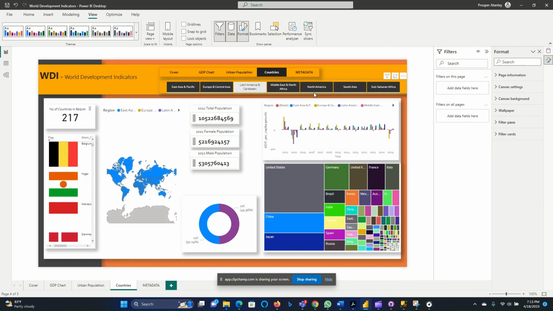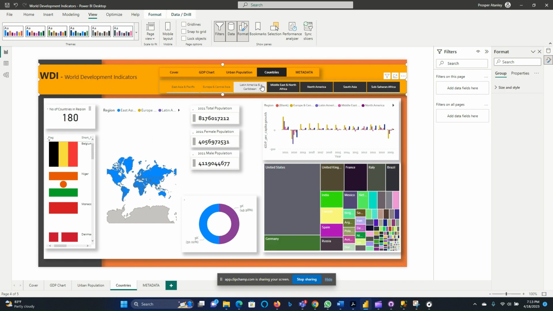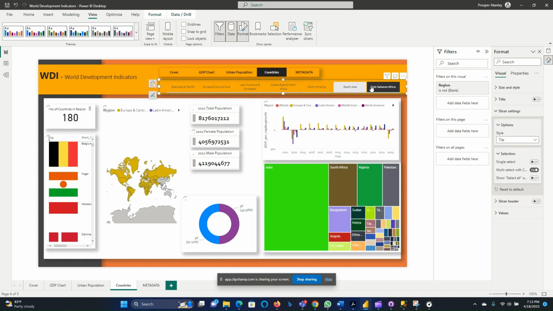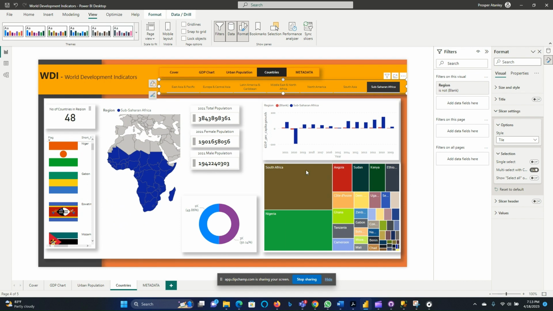Then we have the total countries here. I'm going to focus on Sub-Saharan Africa. Then we have the total population of the 48 countries, 19 million of them are females and 19.4 million males. So the higher population here is more males than females.